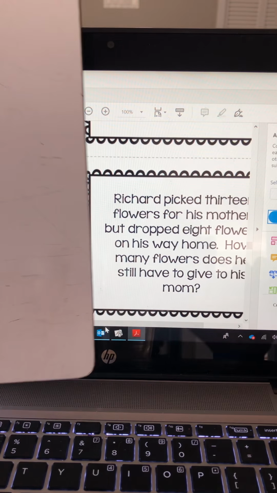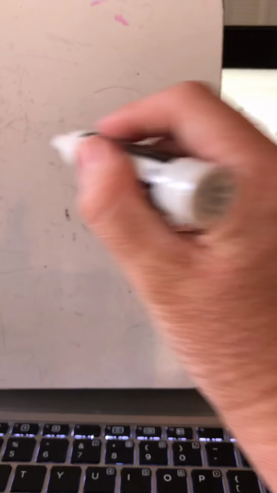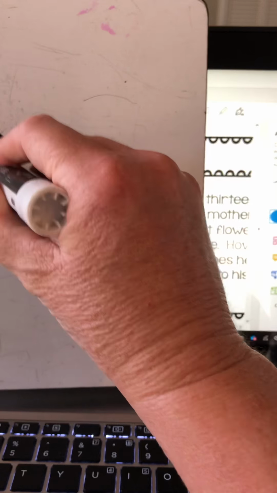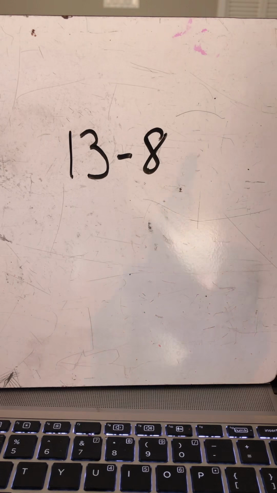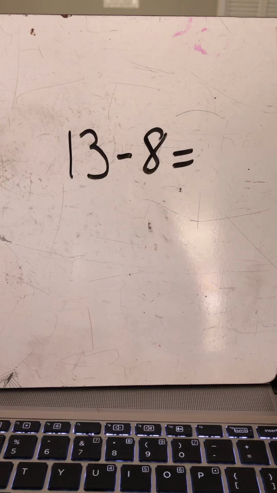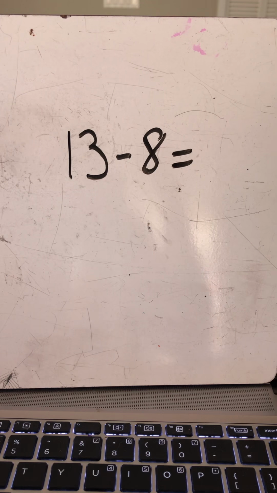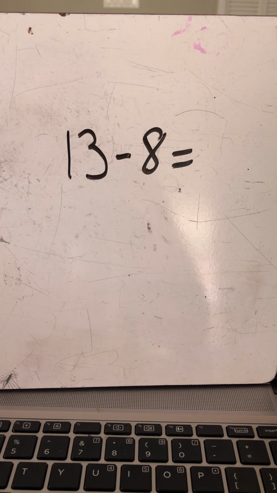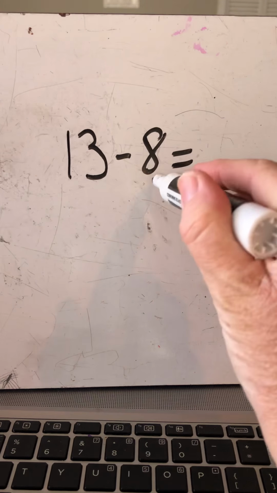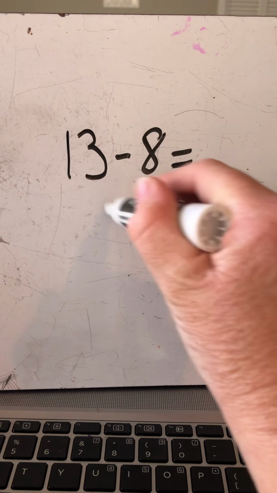So we had 13 flowers, and he dropped 8, so we're going to take away 8. How many flowers are left? I want you to think about that for a minute. Okay, one way to do that is to count up from 8 to 13.